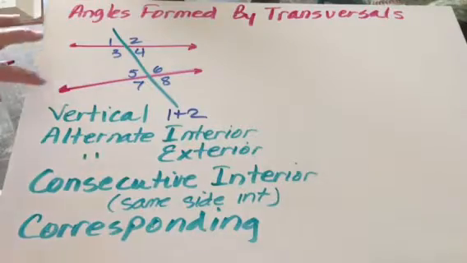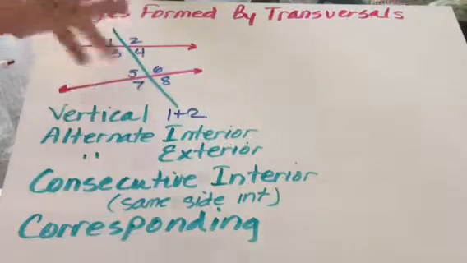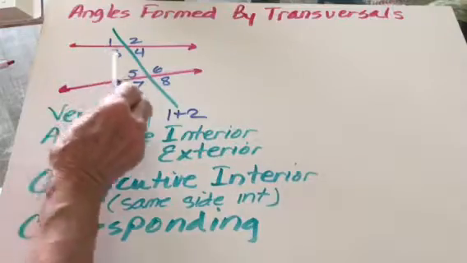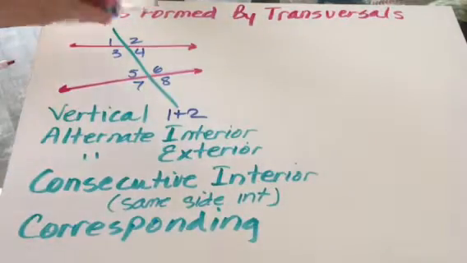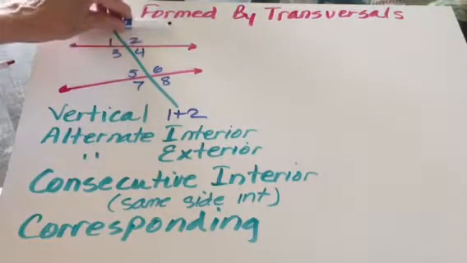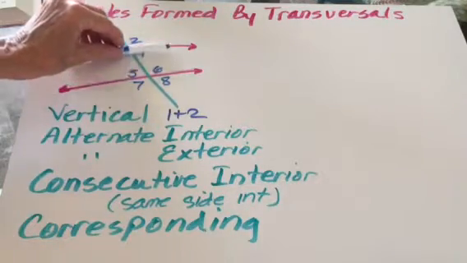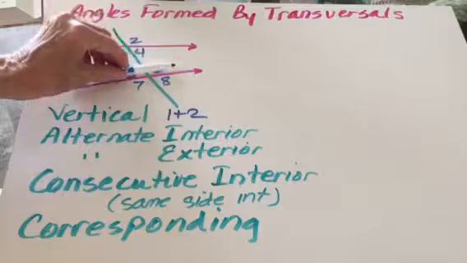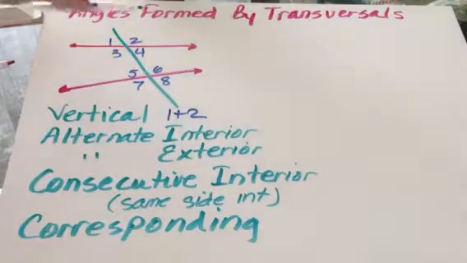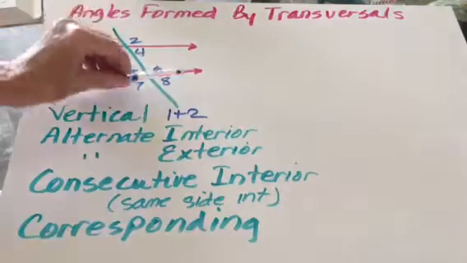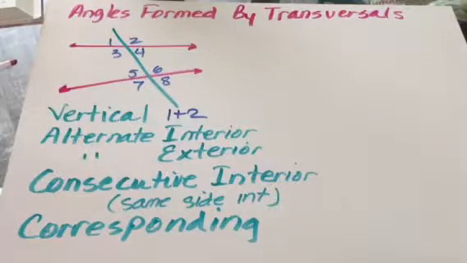All right, now, when you look at all of these angles, these on the outside of the line are called exterior, and the angles on the inside are called interior. Have you ever heard of exterior house paint? It's for the outside of your house.